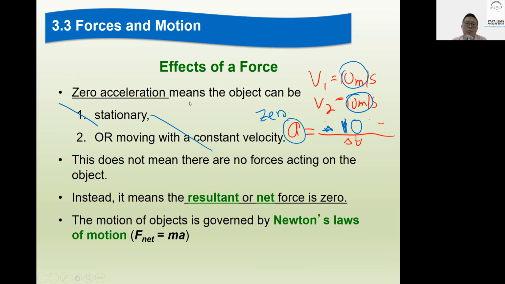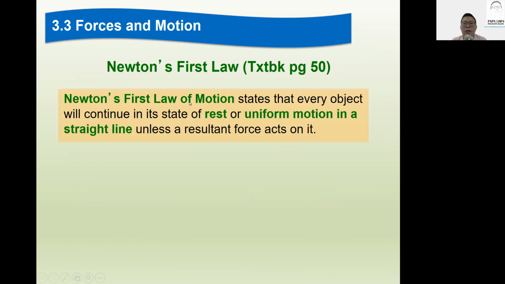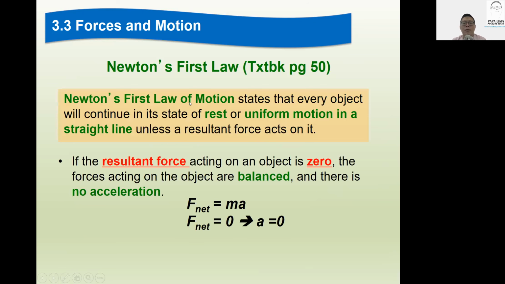And if I relate this to Newton's law of motion, Newton's law states that when the resultant force on the object is 0, or what we call F net, the net force acting on the object, is 0, the system is what we call balanced.